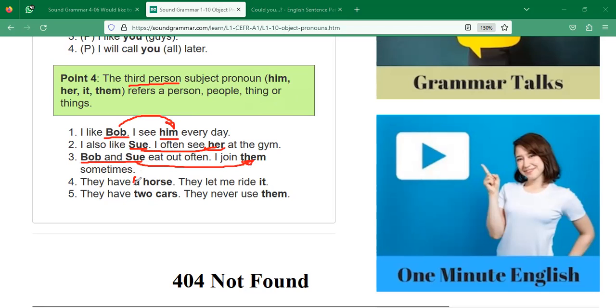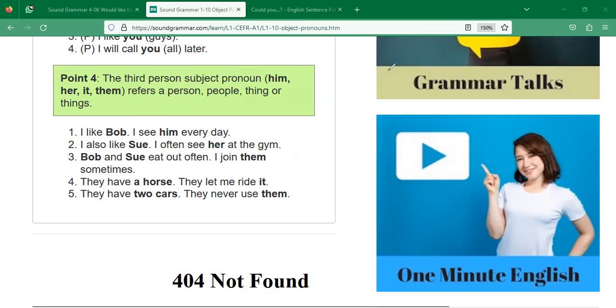Then in this case, I'm talking about a horse, only one. So I'm going to say "it", okay? But if I'm talking about 2 things or more, I'm going to say "them", okay? So this is how we use the different object pronouns, okay? Something is referring to this information.